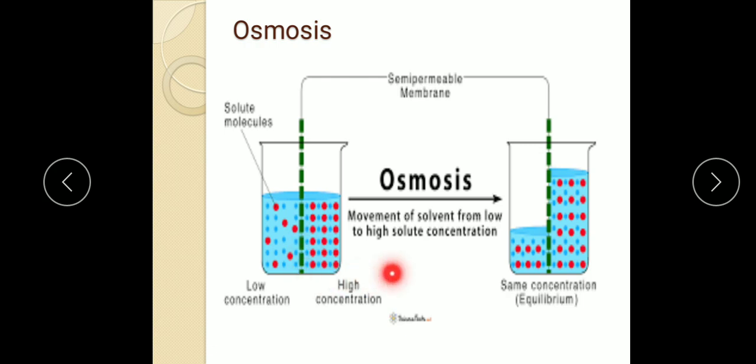Here you can see two beakers, and in the beaker the solution is separated by a membrane, which is the semi-permeable membrane. This semi-permeable membrane is a thin membrane which allows the movement of selected molecules through it.